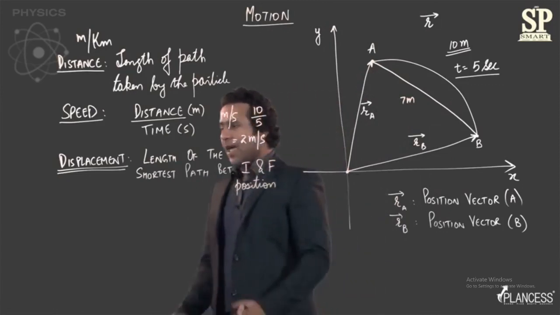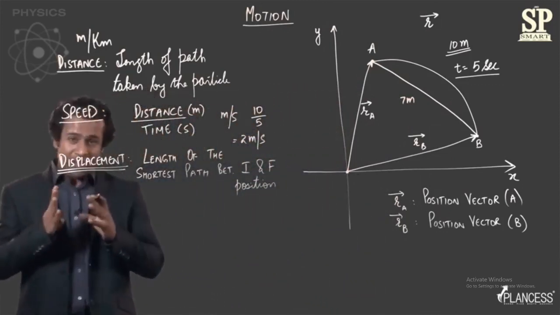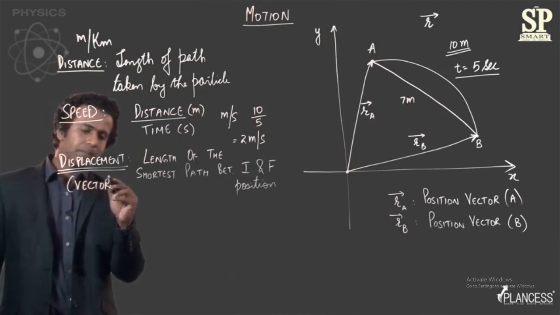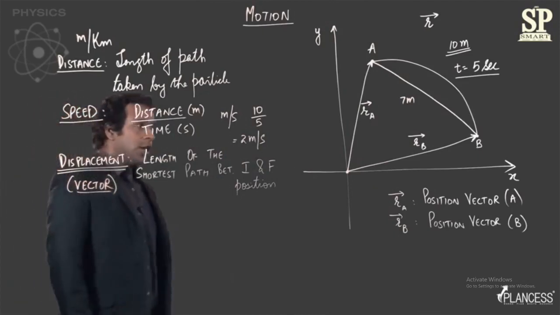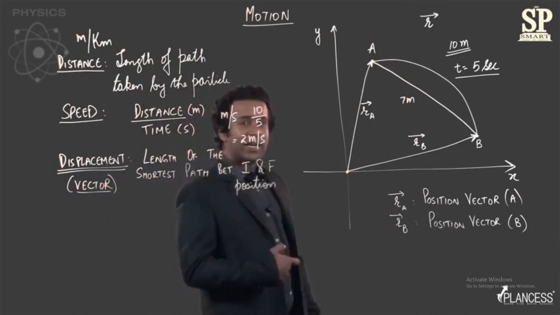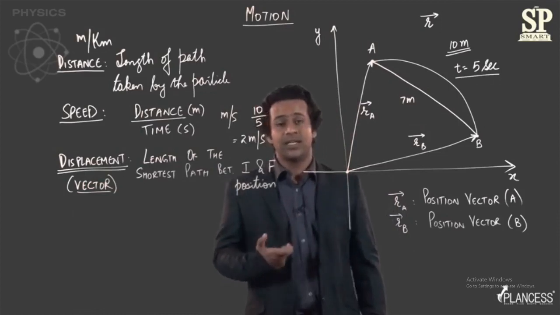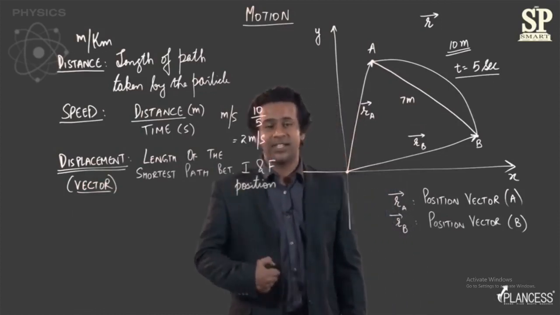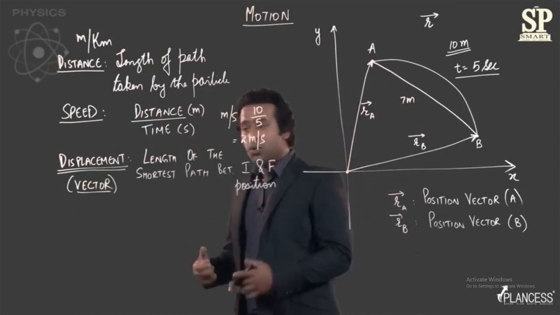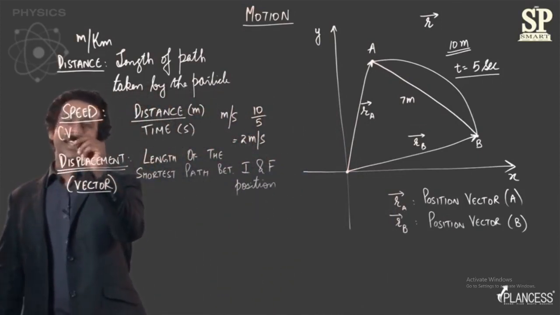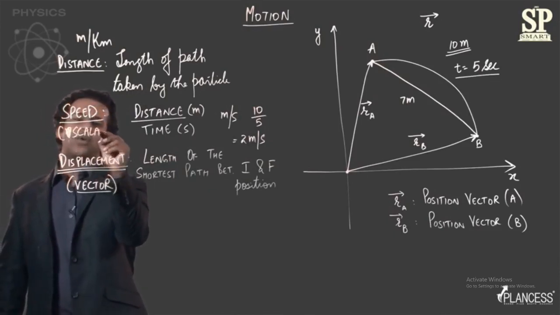And then, displacement is a vector quantity. So if displacement is a vector quantity, it would certainly have a direction. That is what we learned, that scalars do not have a direction and vectors do have a direction. So I'm sure you figured it out that since I did not mention anything for speed and distance, these are scalar quantities.